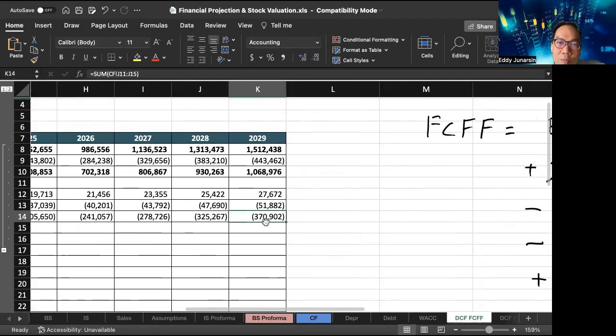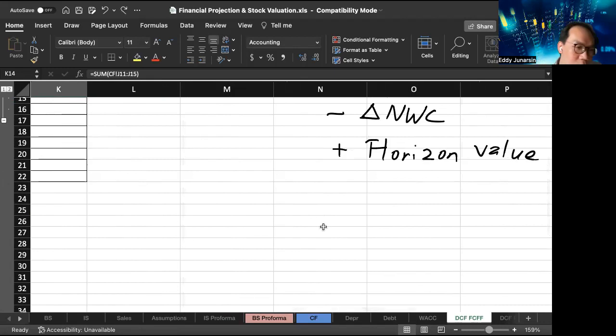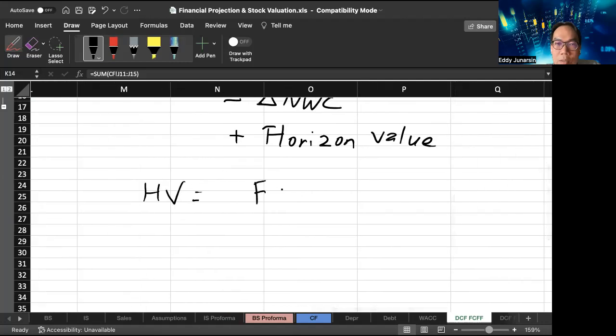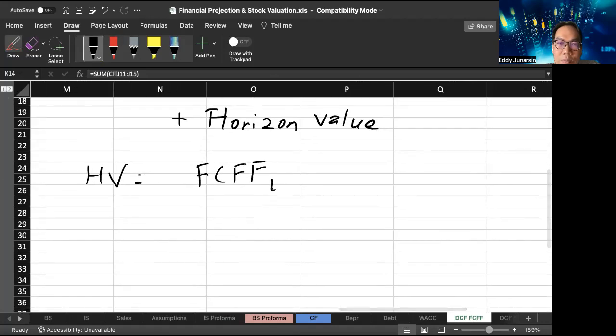So how to estimate the horizon value? So the horizon value at time t should be the next cash flow, time t plus 1, divided by the cost of capital minus the constant growth rate forever.